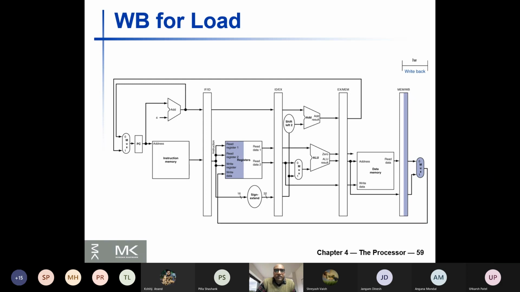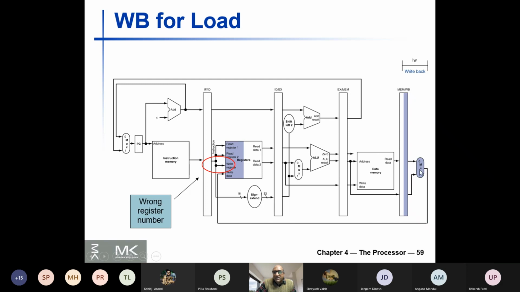Sorry, so sorry for the interruption. This is for the load instruction, and here is the problem in the case of load instruction. Till these four stages there won't be any issue at all.